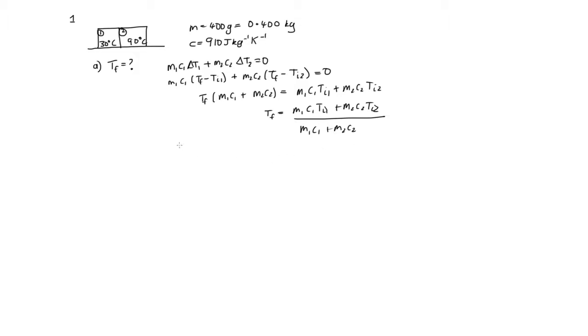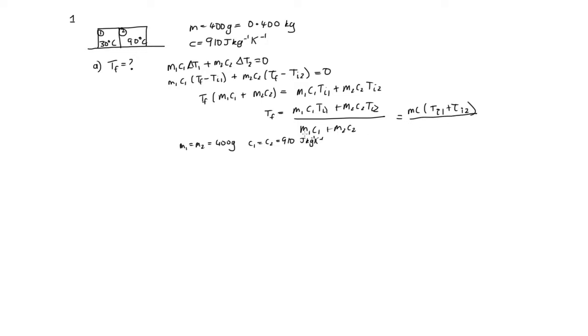In this case, we know that M1 equals M2 equals 400 grams, and that C1 equals C2 equals 910 joules per kilogram per Kelvin. Okay, so using this, M1C1 is just MC, as is M2C2. So we can pull MC out the front, and we've got T initial 1 plus T initial 2.